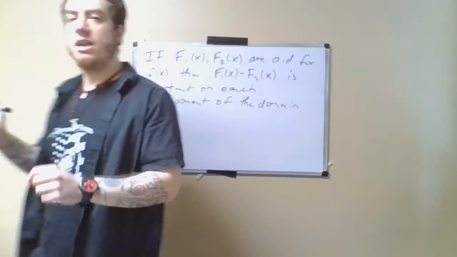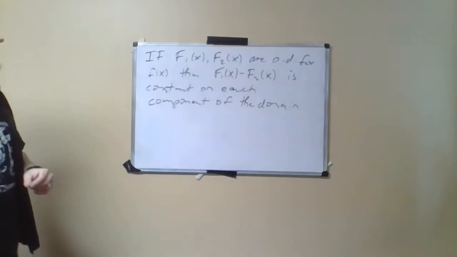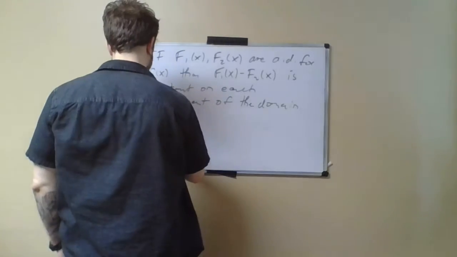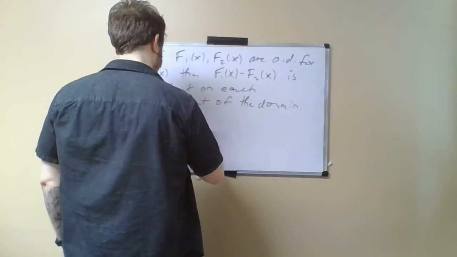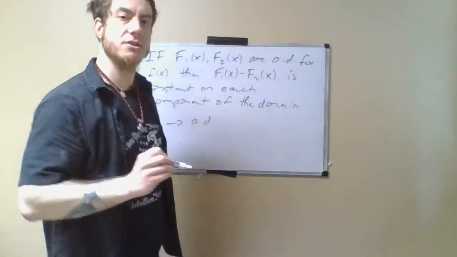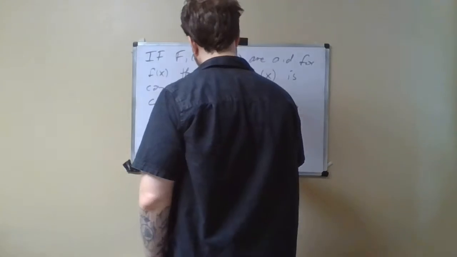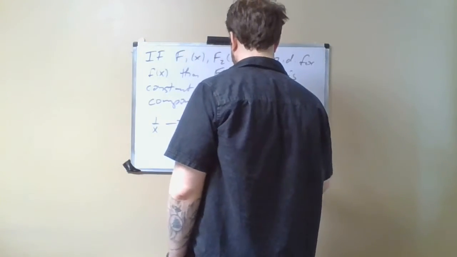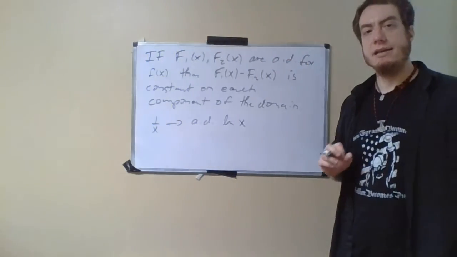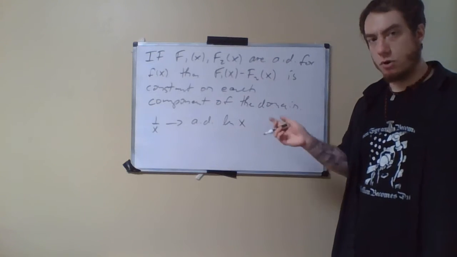The problem is that some functions have a domain which has more than one component. So for example, if you think about the function 1 over x, an antiderivative for this would be the natural log of x, because you probably remember that the derivative of log x is 1 over x.